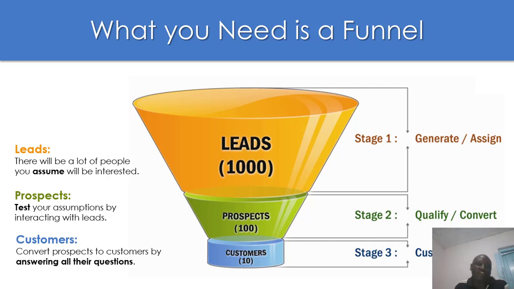So there'll be a lot of people you assume will be interested. And when they come to your website, not all of them will end up being valuable clients. Then these leads that have come to your website become prospects. They've seen your website, maybe looked at the reviews, then they become prospects.